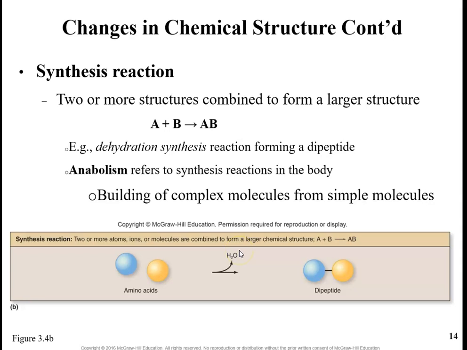That's where the dehydration comes from, remember? The dipeptide, or a very small protein molecule, is a larger structure than the 2 separate amino acids. And this is known as anabolism, the sum of all synthesis reactions in the body. This is where you build complex molecules from simpler molecules. Very important to know the difference between catabolism and anabolism for the exam.